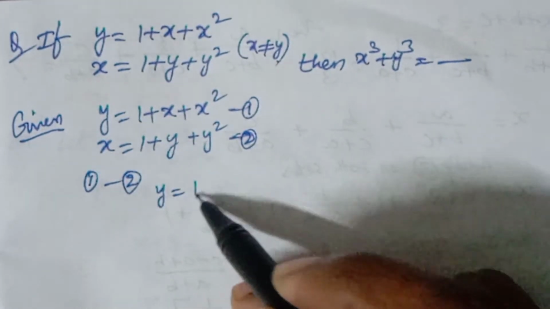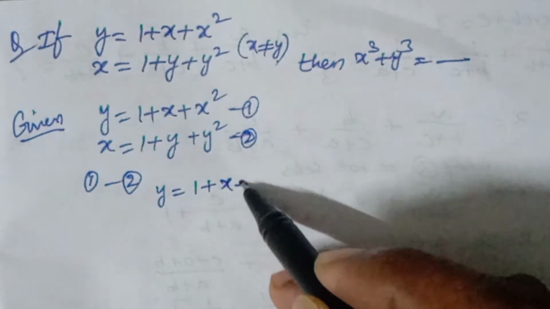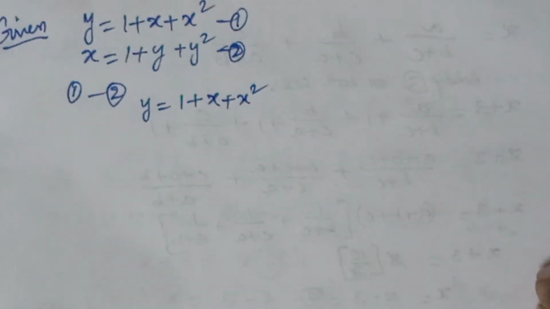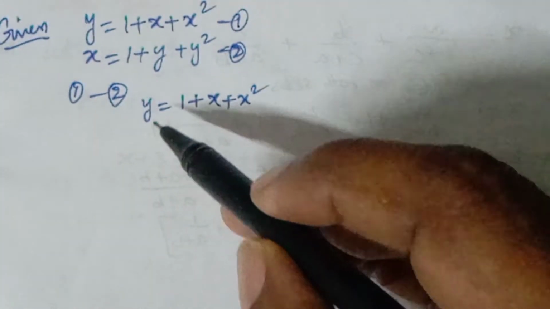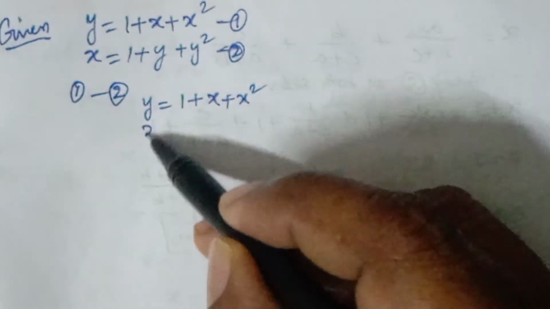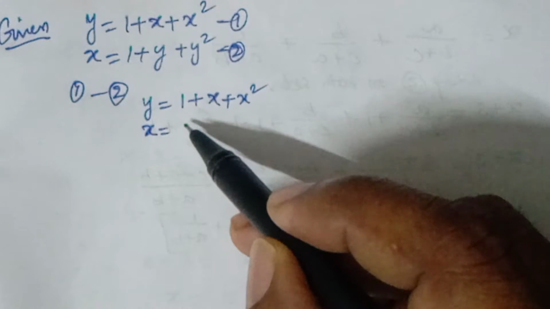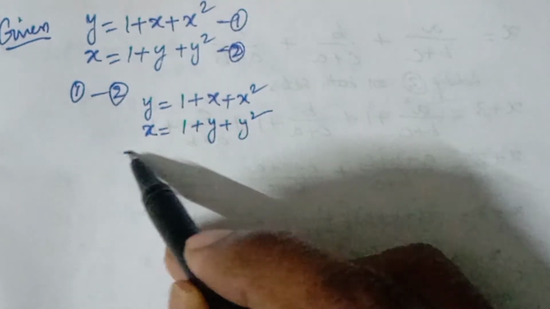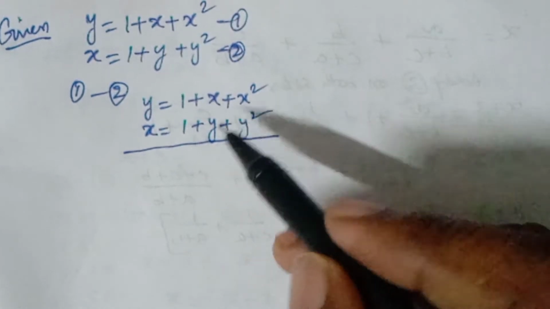y is equal to 1 plus x squared, x is equal to 1 plus y squared. Here you are doing subtraction.